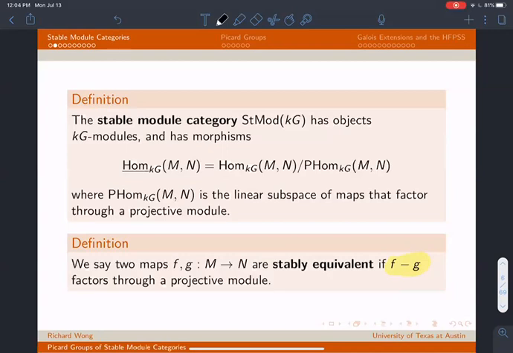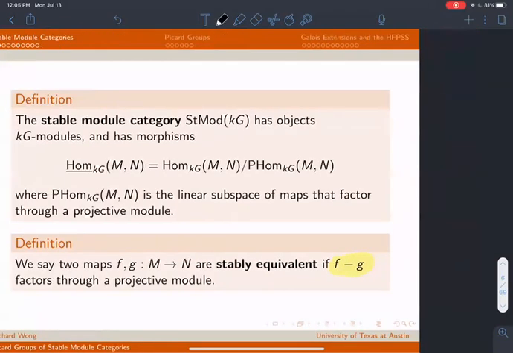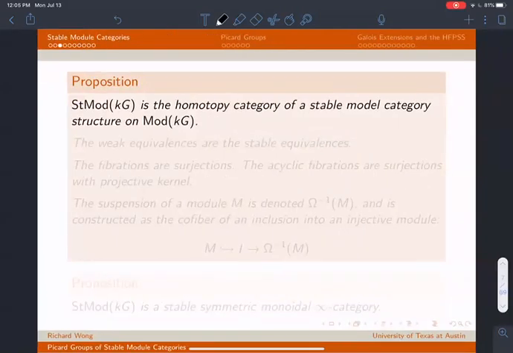Now that we have this new kind of equivalence relation, you might think maybe the stable module category is coming from some kind of homotopy category, and it turns out that you would be right. The stable module category is the homotopy category of a stable model category structure on KG modules.